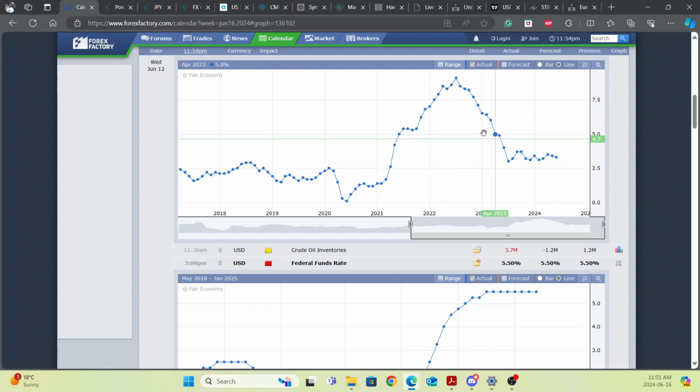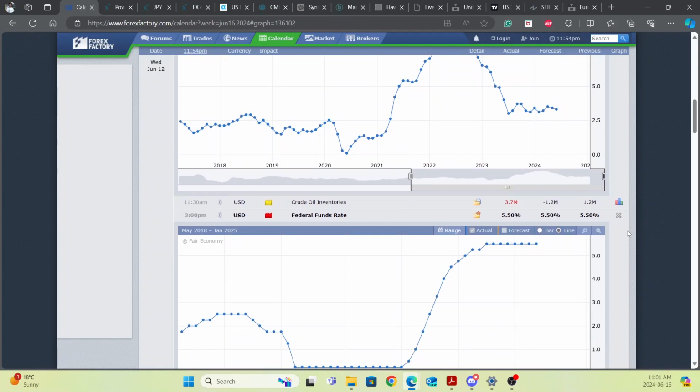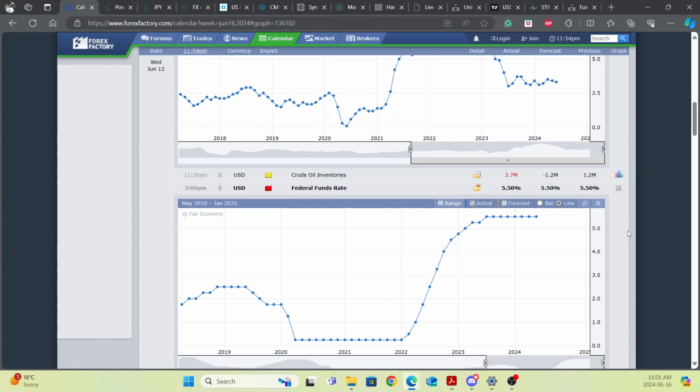You see how long it took them to realize that this inflation is not transitory and we have to react to it. In order to control it, we have to increase the interest rate, and they really did it very sharply.